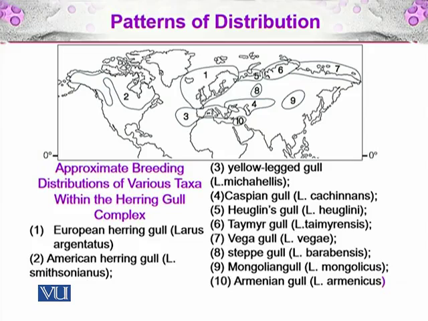If we look in detail at their genetic analysis, many of these will be very much related. For example, the European may be very much related to the yellow-legged gull, and the Taimyr gull and Vega gull may be very much genetically related. These are the studies that we can do at a genetic level.